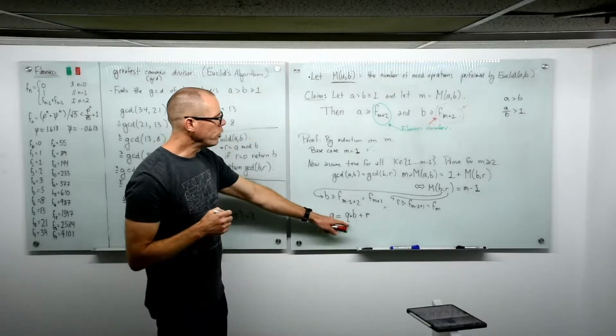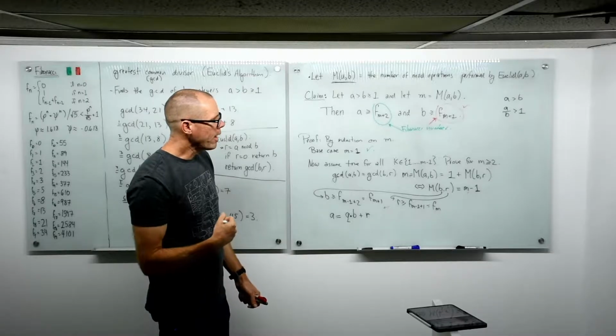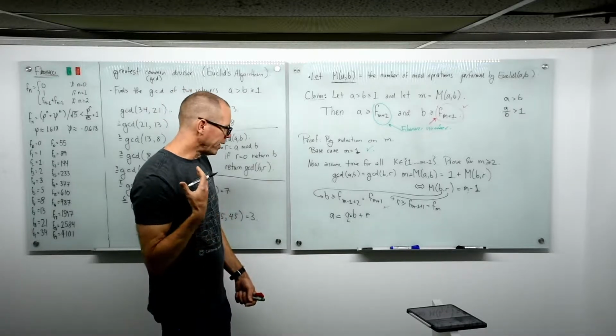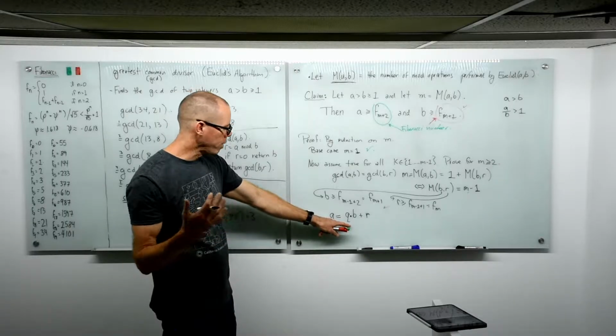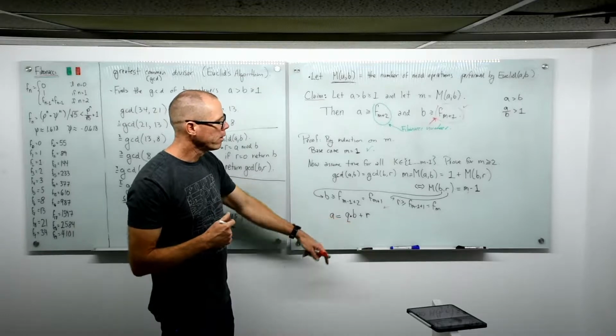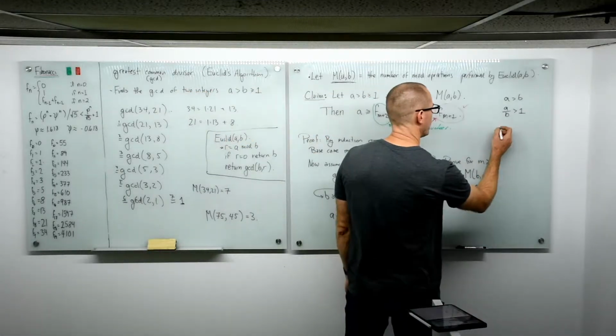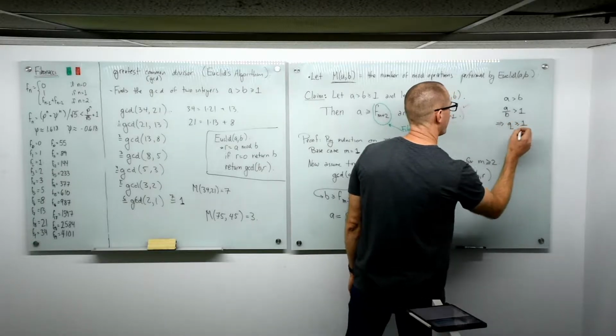So if A divided by B is bigger than 1, that means I get at least 1 for Q plus a remainder. Maybe I get 2, 3, any number for Q, but I don't get 0 for Q because A is bigger than B. So this means that Q is bigger than or equal to 1.